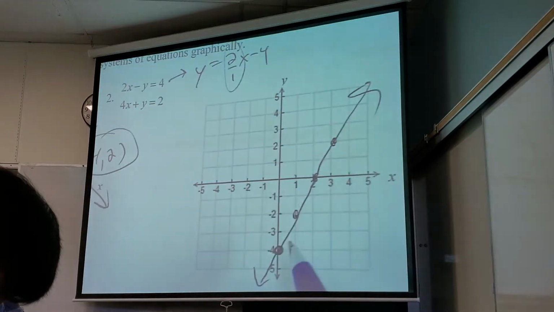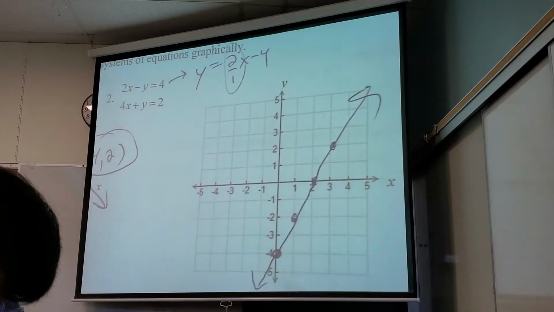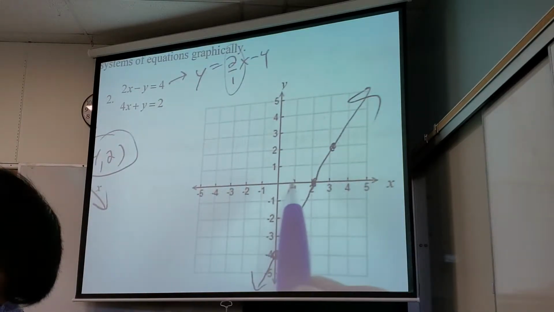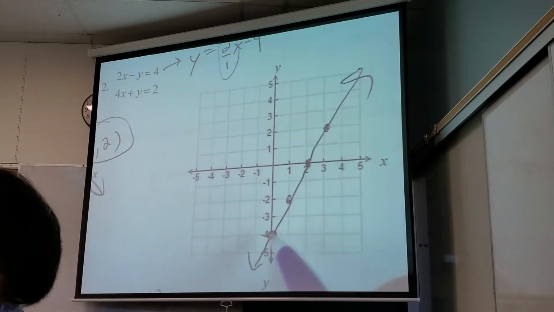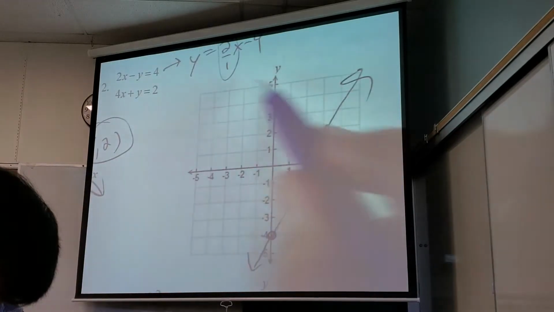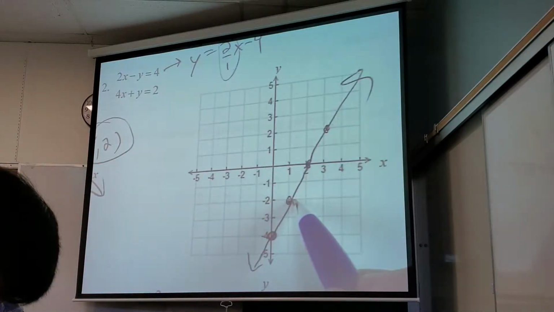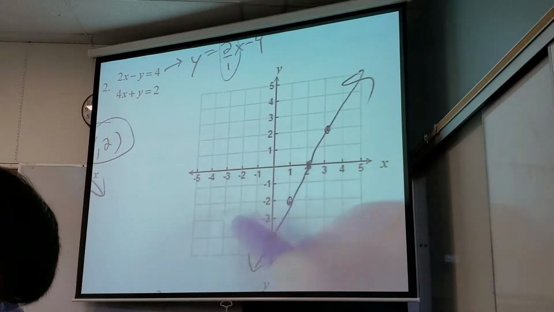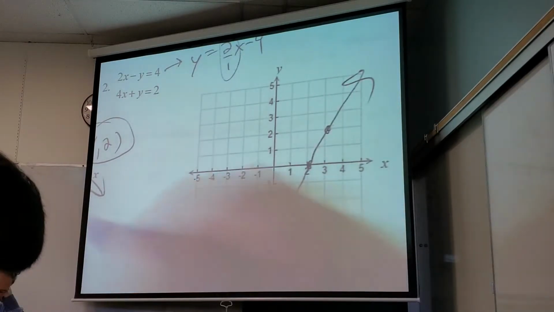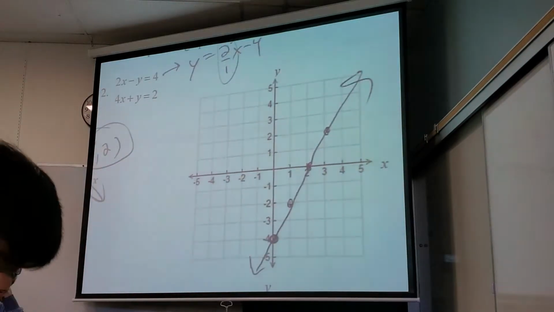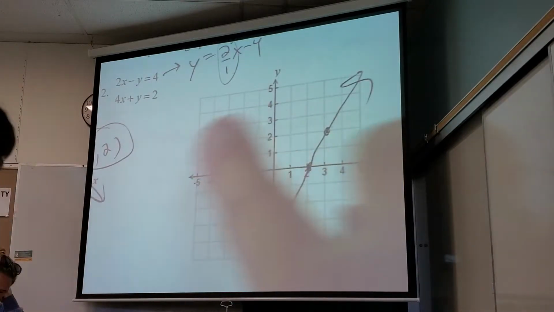So what that means is, what's the positive direction, up or down? Up. What's the positive direction, left or right? Right. So positive 2 means go up. Positive 1 means go right. If the bottom was negative, I would go back. So rise up, run forward, or fall down, run back, if they're negative. They're both positive, so go up and over to the right.